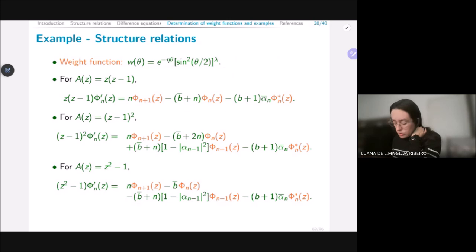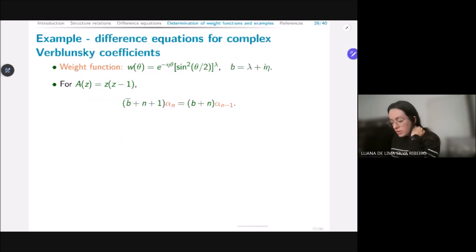If we choose other values for R, we produce another. The difference equations, when we choose A(z) like this one, become, actually, a linear difference equation. Although we already know by the work of Sirihanga in 2010, if we didn't know, by this formula we can obtain the explicit value of alpha n.